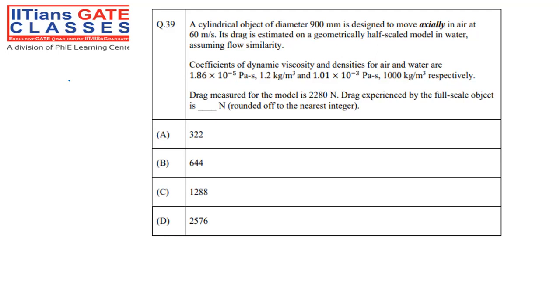For flow similarity, you know that three conditions must be satisfied: dynamic similarity, kinematic similarity, and geometric similarity. Even if you just satisfy the condition called dynamic similarity, there is no need to separately satisfy kinematic and geometric similarity, because they are already satisfied if you satisfy dynamic similarity.